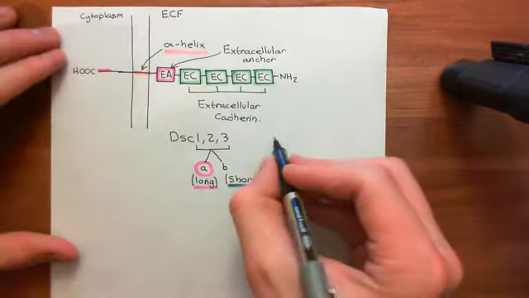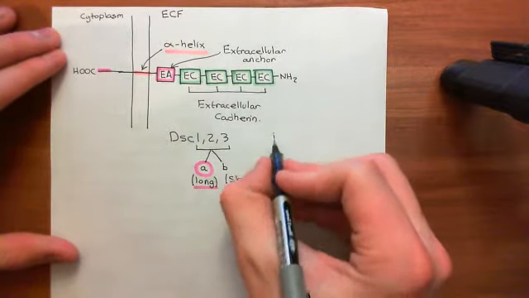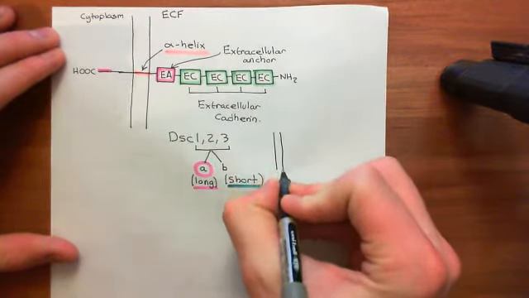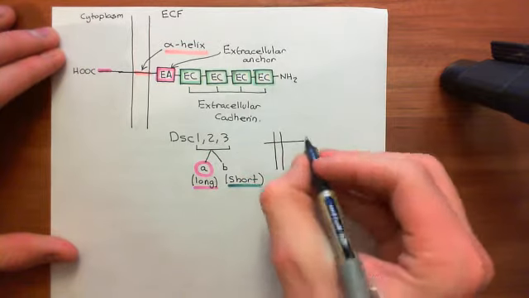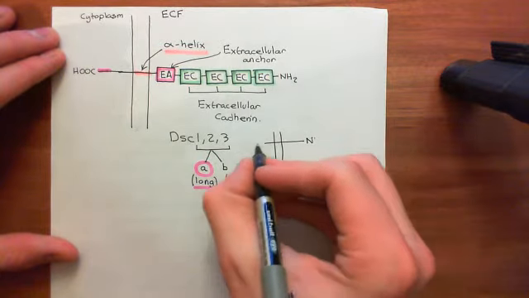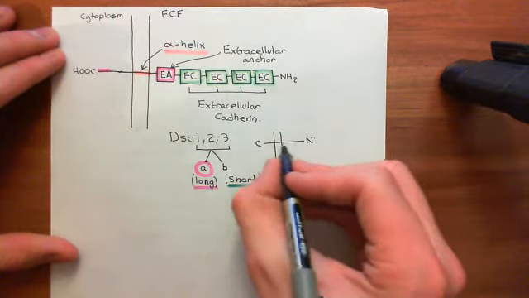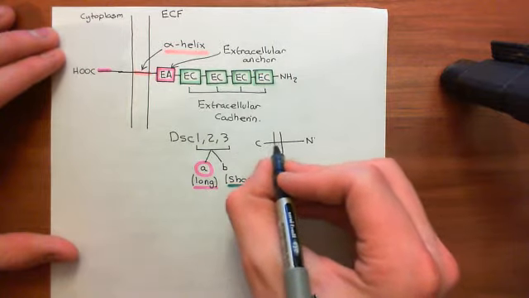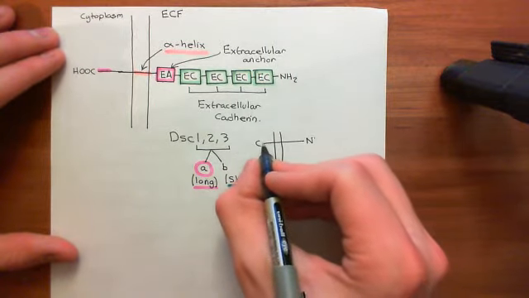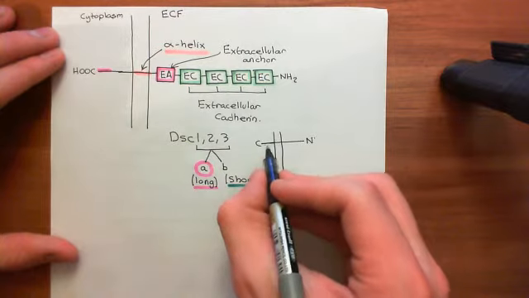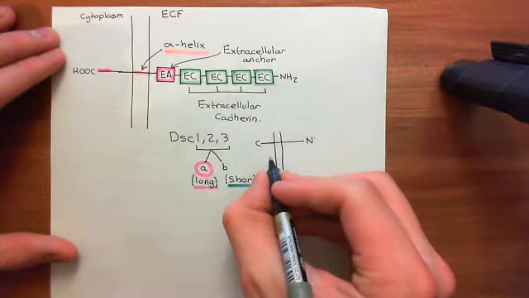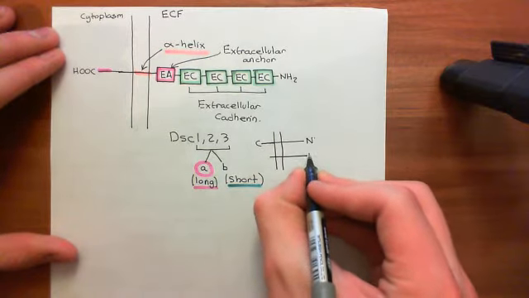To make this more transparent, let me draw a little picture here. I'll represent a desmosomal cadherin as a line, like so. This is the extracellular domain, the membrane-spanning alpha helix, and the cytoplasmic domain. Let's say that this is an A splice variant of a desmocollin. This would be a B splice variant.